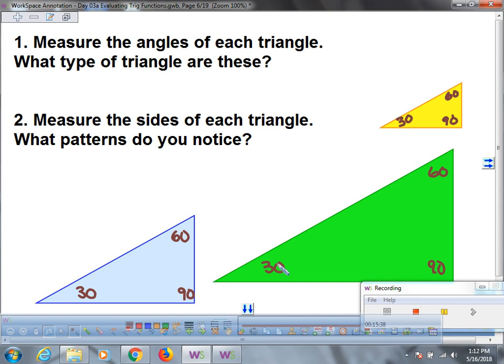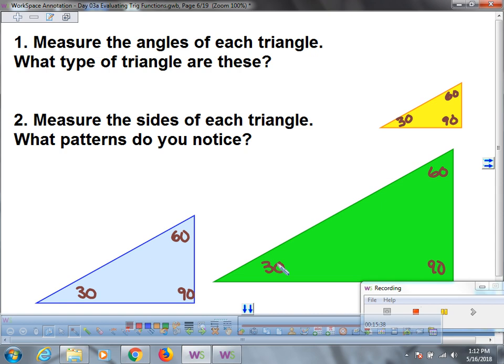All right, so we're going to talk about some connections with these. The next thing I need you to do is measure the smaller leg. Now, when I say leg, which part of the triangle am I speaking to? Okay, good.